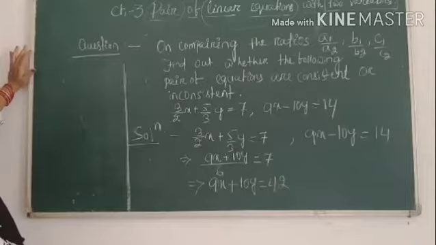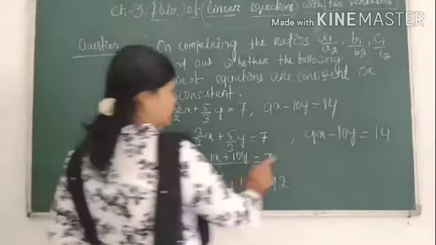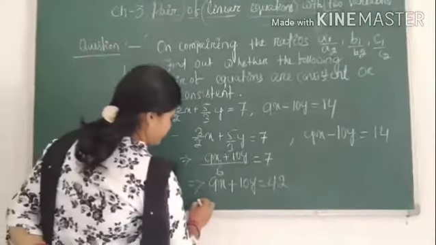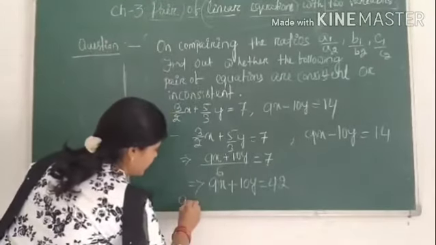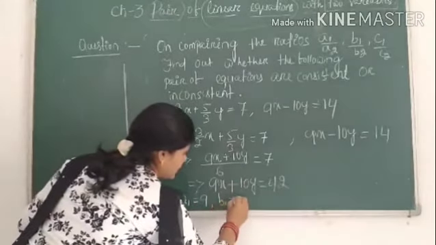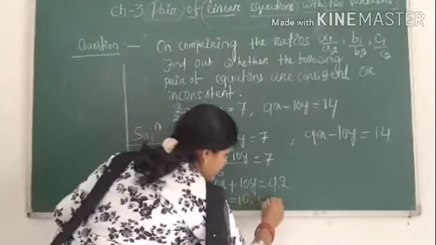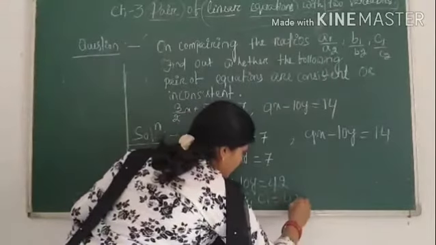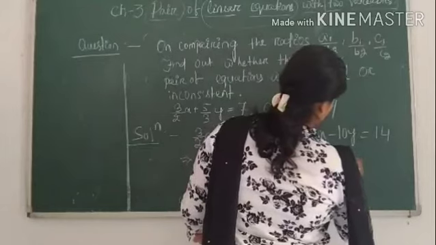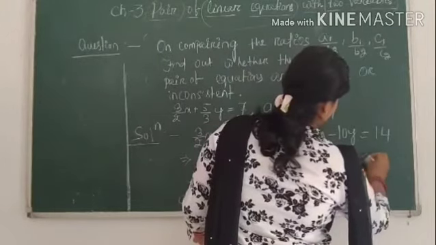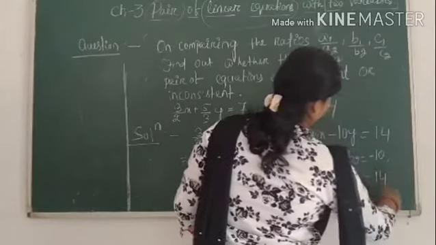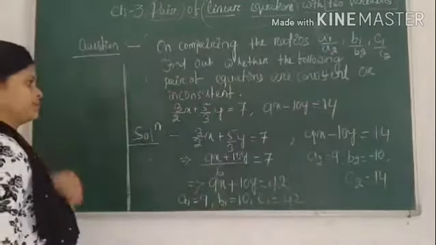So write down here: a1 is your 9, b1 is your 10 and c1 is your 42. Here a2 is your 9, b2 is your minus 10, c2 is your 40. Got it?